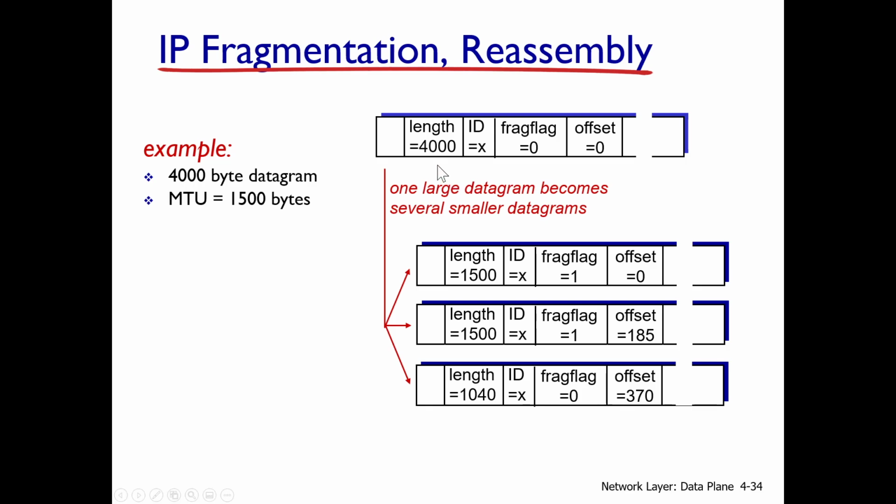First, it is obvious that we need at least 3 smaller fragments, right? Because if we had 2, the size would be basically 3,000 length, still not covering it. If we use 3, we can cover at most 4,500.